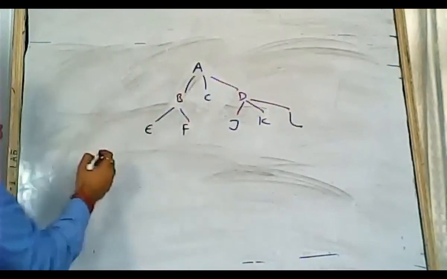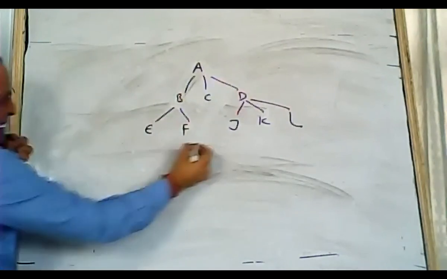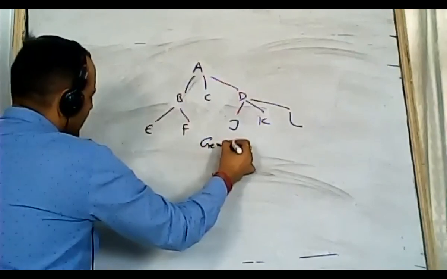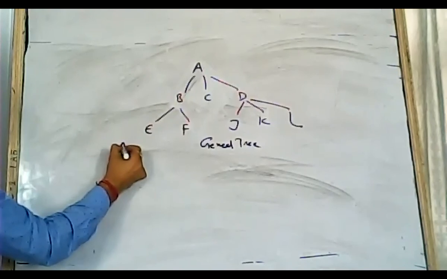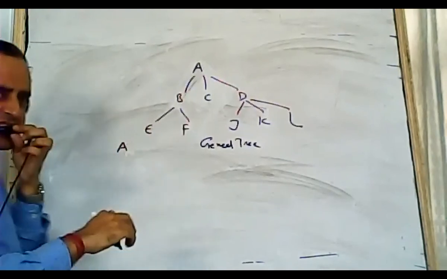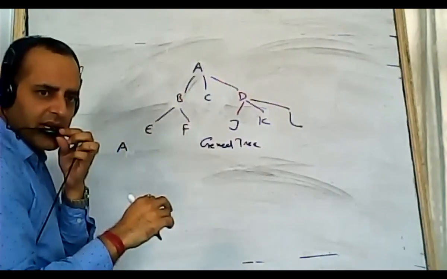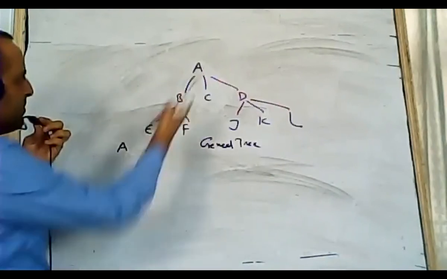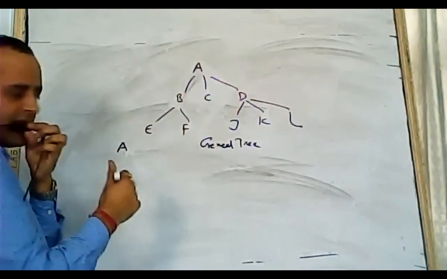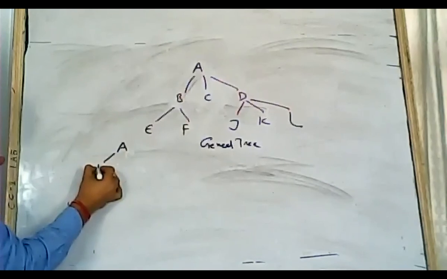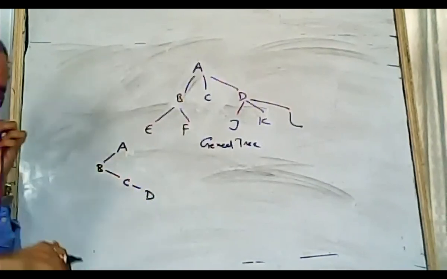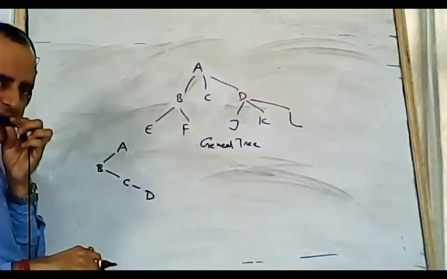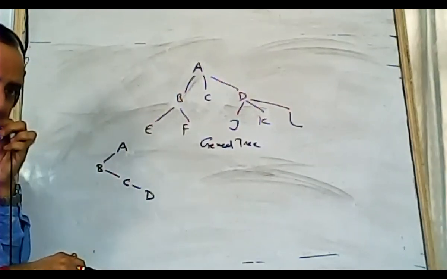Yes, sir. How? This is my general tree, and I'm going to make its binary tree. What is the root? A. How many children does A have? 3: B, C, and D. So put the first child on the left and the rest of the children on the right. Is it clear? Yes, sir.